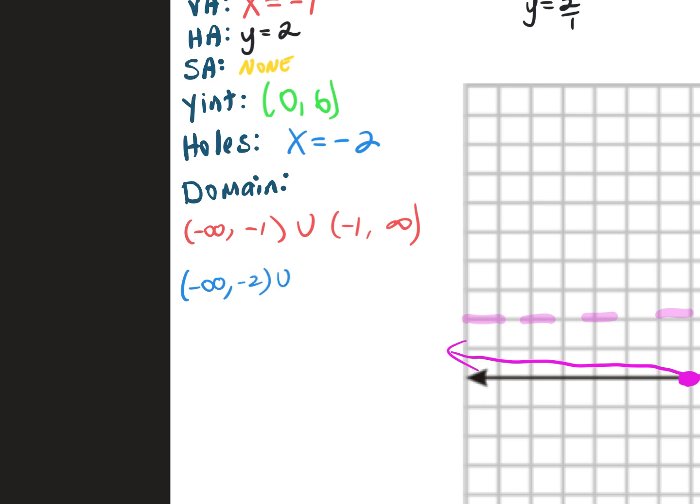Then what? -2 to -1. Then where? Then -1 to infinity. Do you see why we had to revisit domain? Because there's a what in the graph? There's a hole. Good.